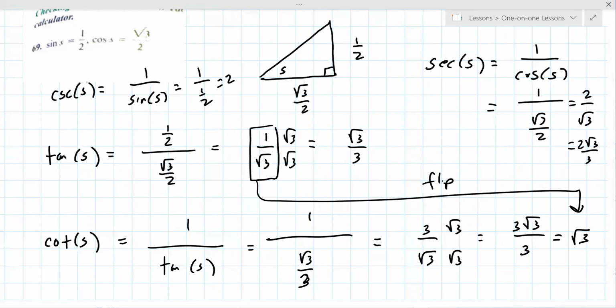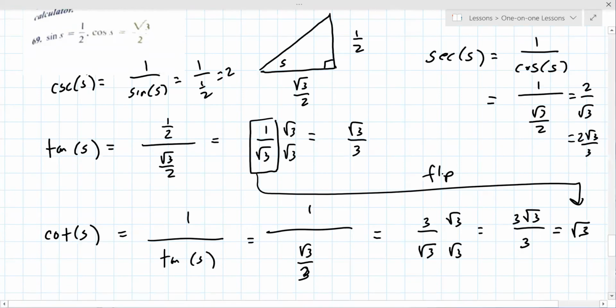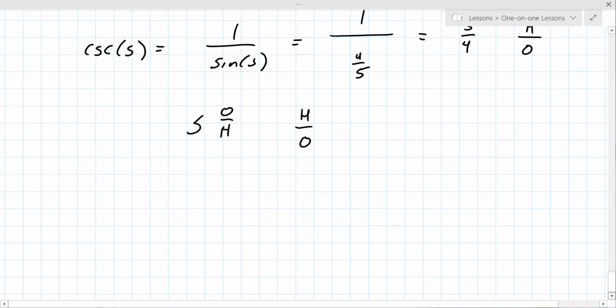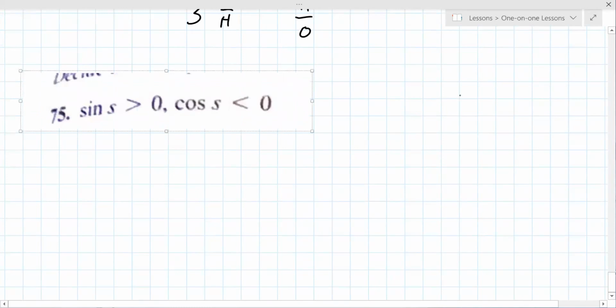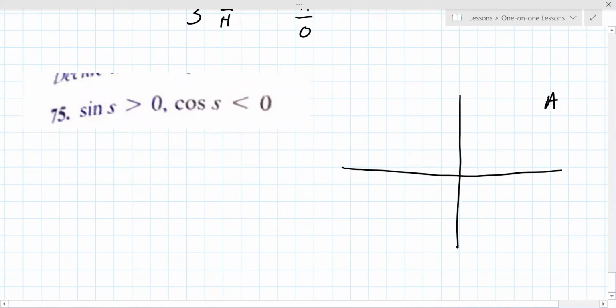On to number 75 through 79. All of the odd ones. All right, so this is where you're hopefully going to say, oh yeah, I remember that from the summer. There's a mnemonic that's used to figure out which quadrant certain things are positive.